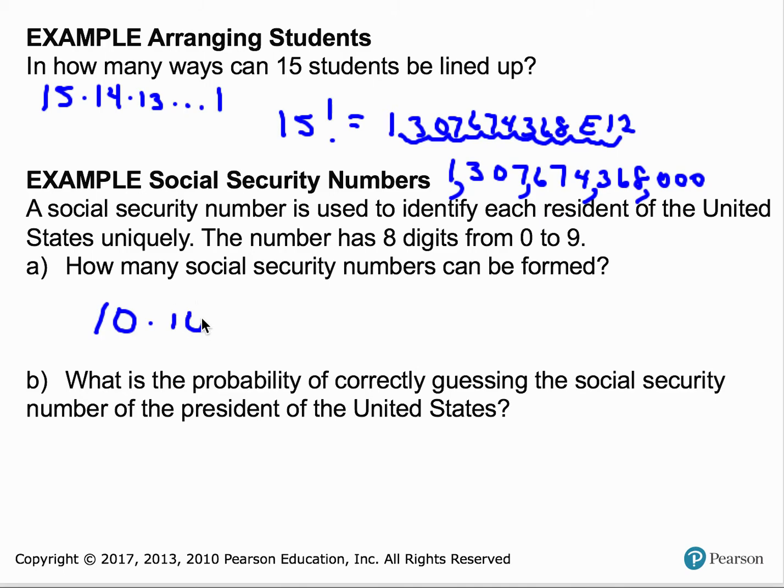So this is 10 multiplied by itself 8 times, or easily 10 to the 8th. So that would be a 1 with 8 zeros. Oh, I only had 6 zeros on it, sorry. Oops, I had 7 zeros, sorry.